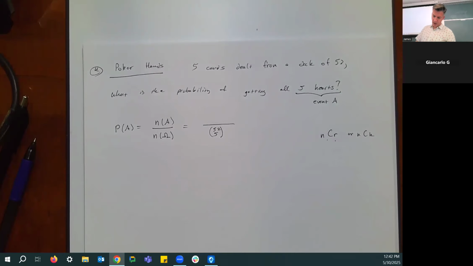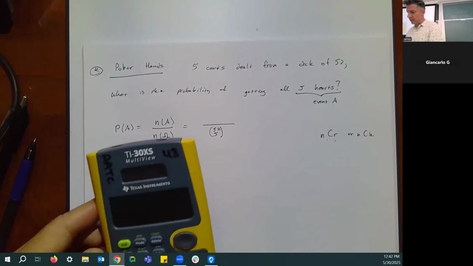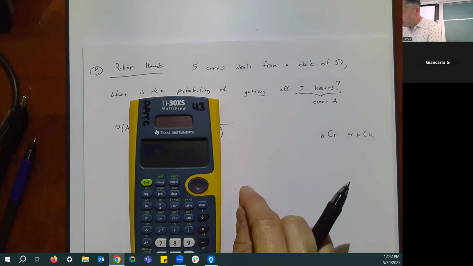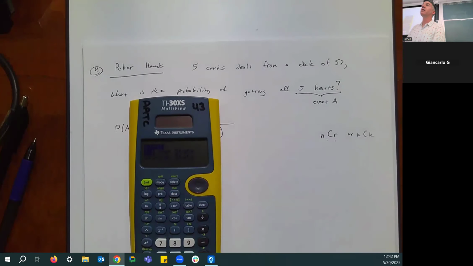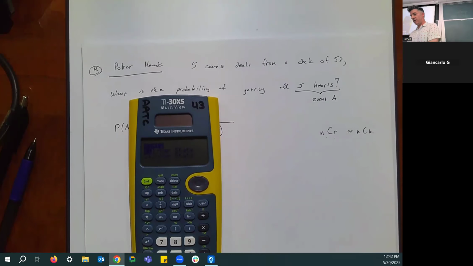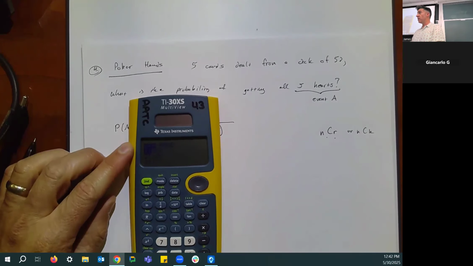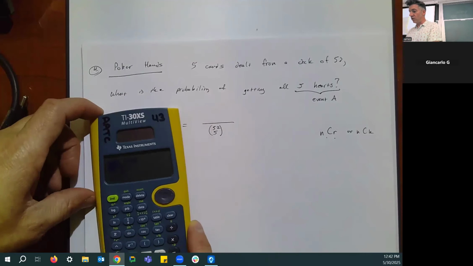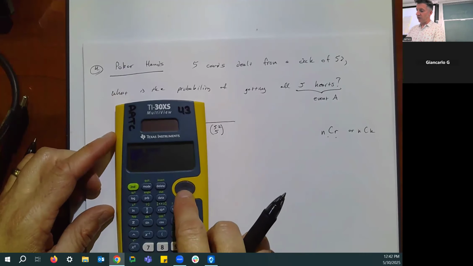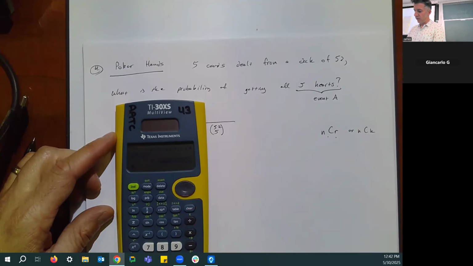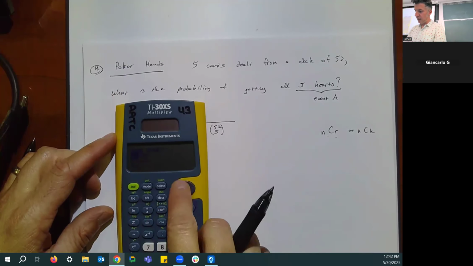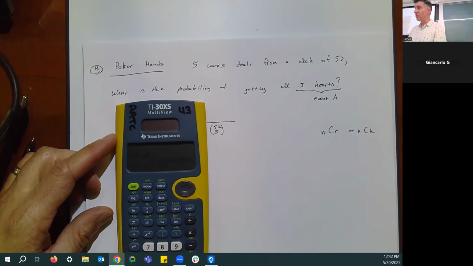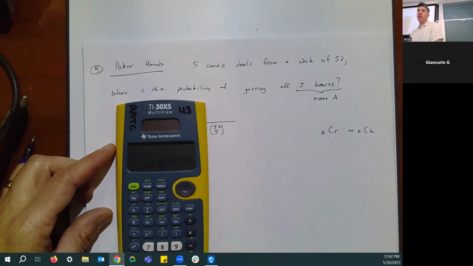Maybe it's in the stat section. Nope, not in the stat. Maybe it's in the probability section. Yeah, it's in the probability section. There it is right there. It also does the permutations one. But if I wanted to find 52 choose 5, I actually need to have written 52 first. So let's do 52 and then probability and then NCR and then 5. You don't need to write this down in this problem, but I just wanted to show you it is there.